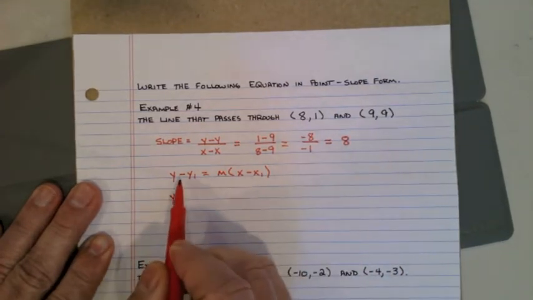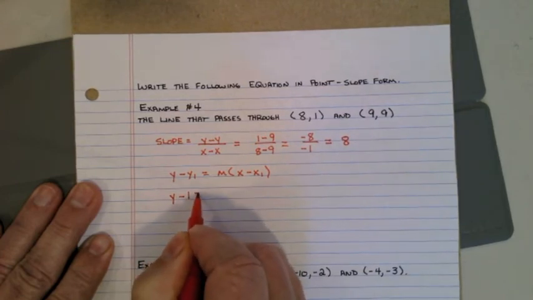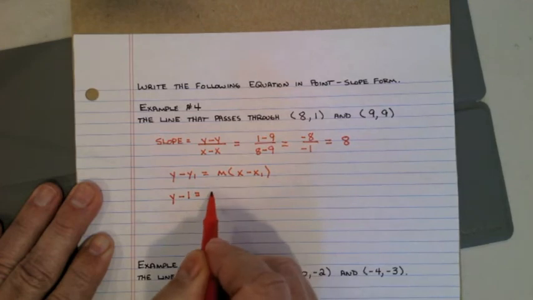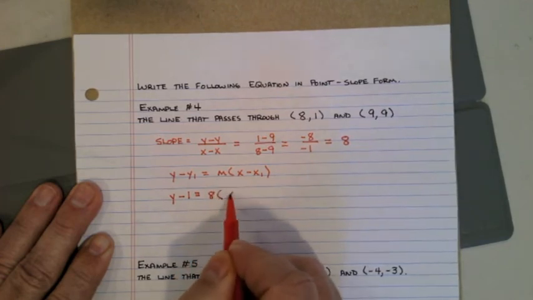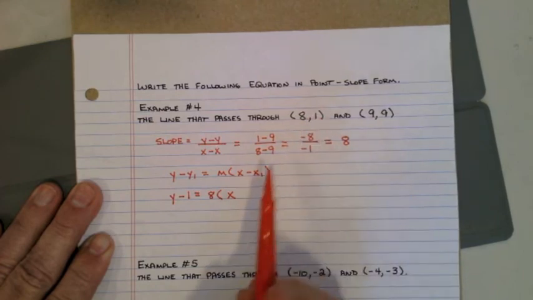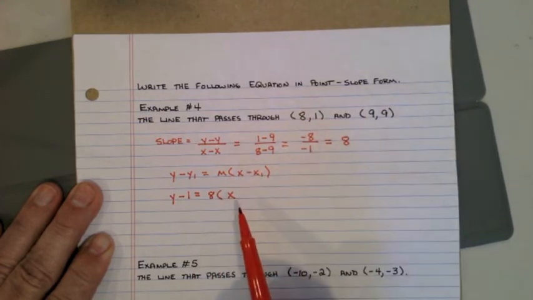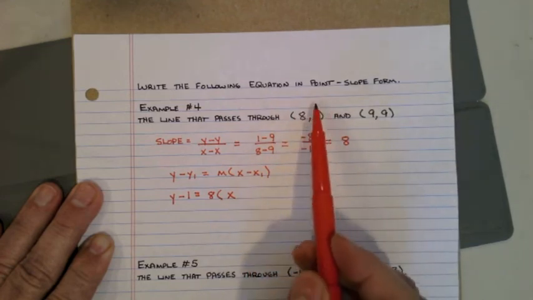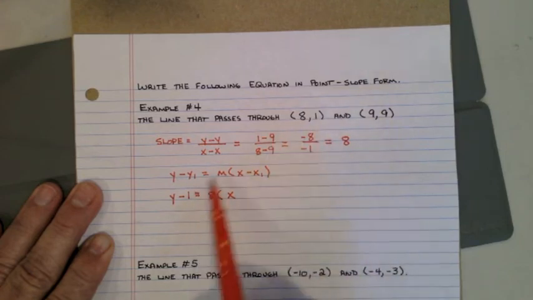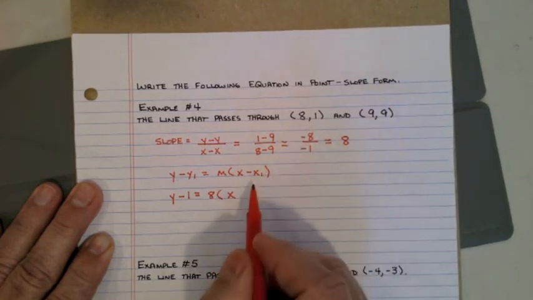Y, and then this means the opposite of this y right here, negative 1 is equal to, I did this work to figure out what the slope is. The slope goes right there, parentheses, and then the opposite of this first one. Remember, if you pick a point, you have to use the x and the y. You can't switch the x's and the y's around. If I decide to use this point, I need to use the x and the y for this point. I've used the y, now I need to use the x, and I need to write the opposite of that number.